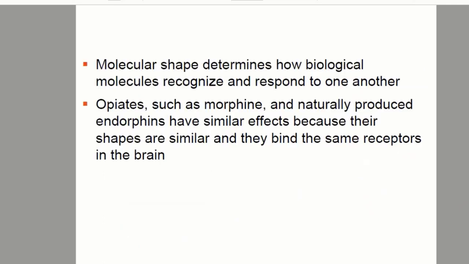And molecular shapes, their function is that they determine how biological molecules recognize and respond to one another.